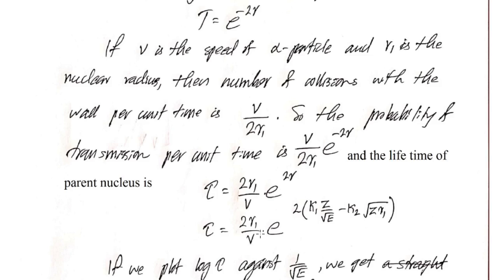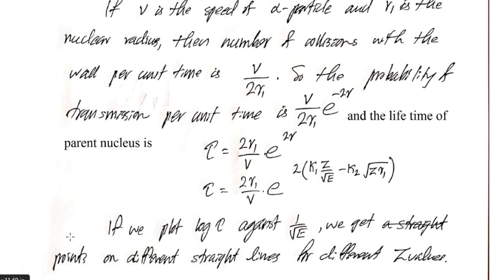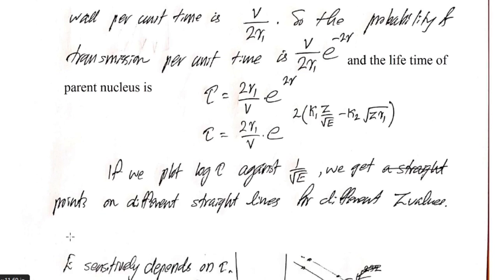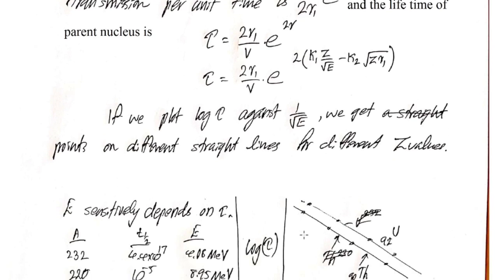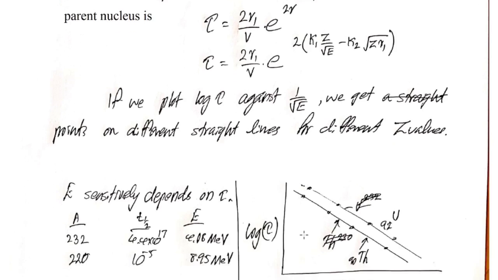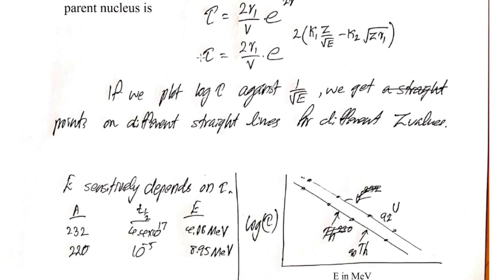If we plot log tau, that is the lifetime of the parent nucleus, against E, the energy of the particle, we get points on different straight lines for different Z values. Here you can see log tau will be equal to log of this one plus this quantity.